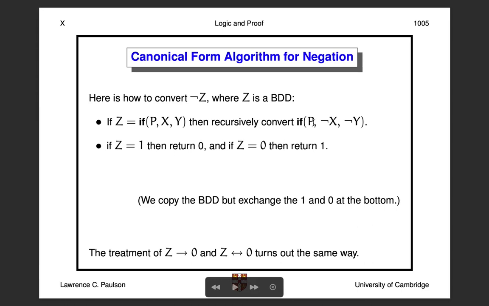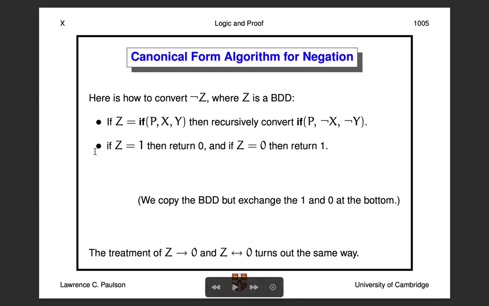Equally, if P is false, we should get the negation, once again, of what the original BDD would have given us. So if P is false, the original BDD would have got the result from Y. Now we must get the result from not Y.